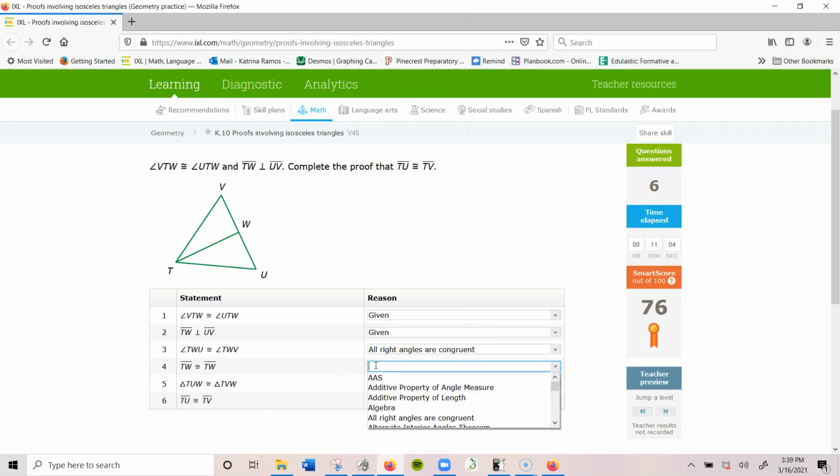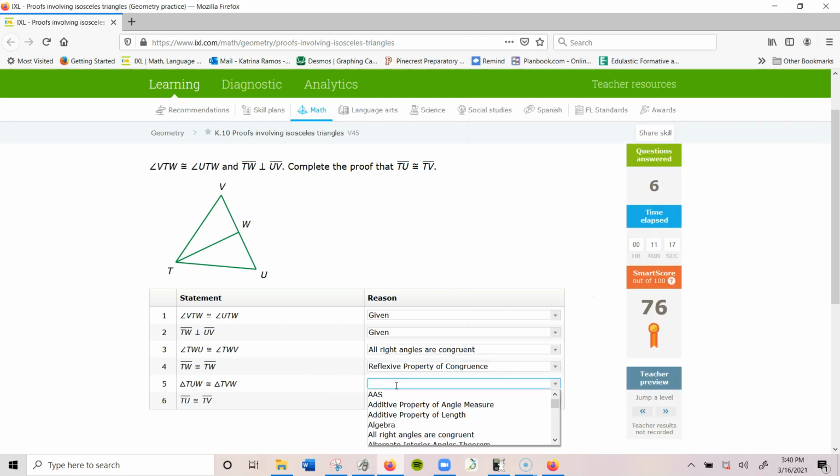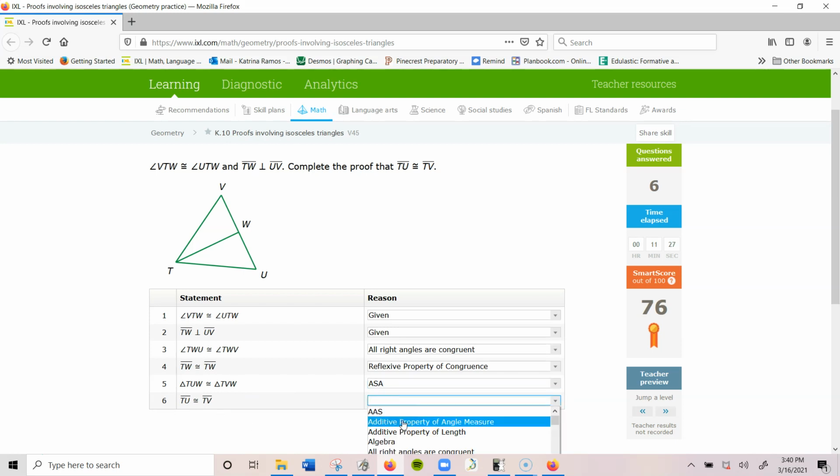Again, that is the reflexive property of congruence. And finally, these two triangles are congruent because you see here that we have an angle, a side, and then an angle. So ASA. And if those two triangles are congruent, then that means their corresponding parts are also congruent. So CPCTC.